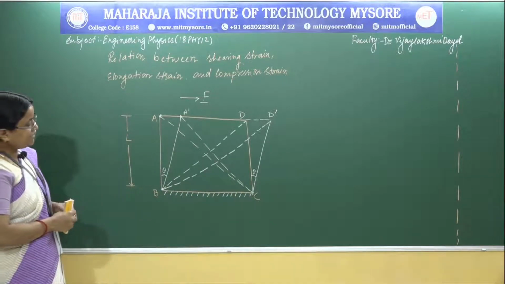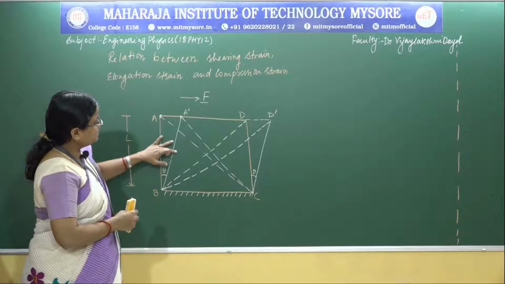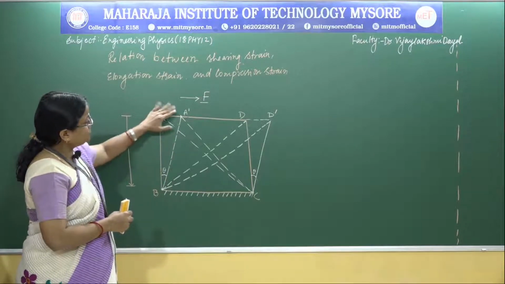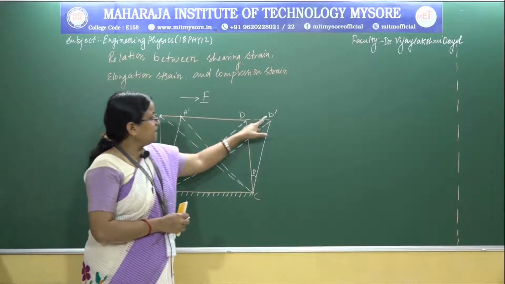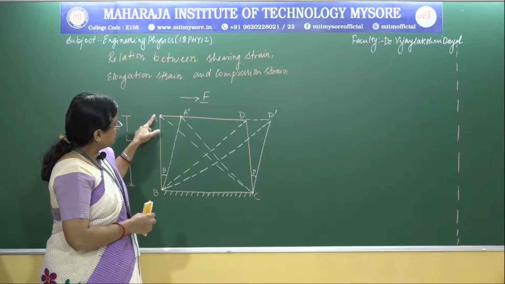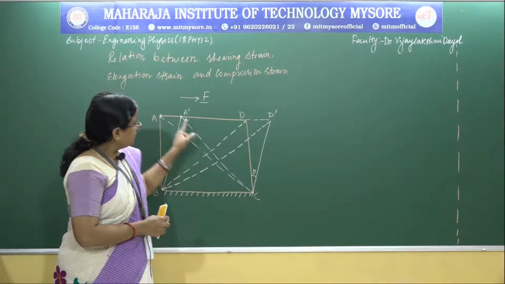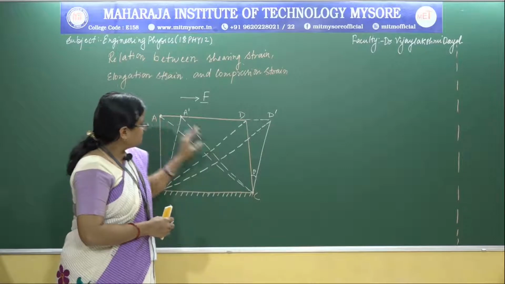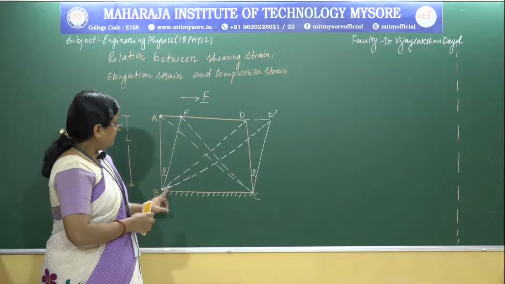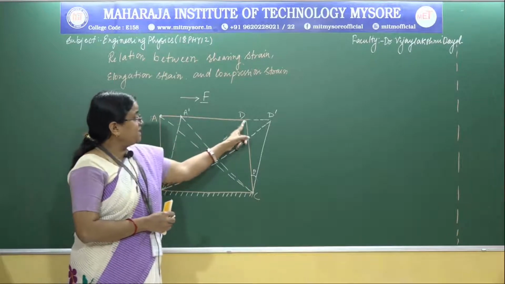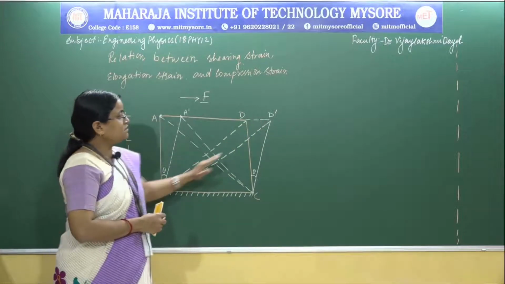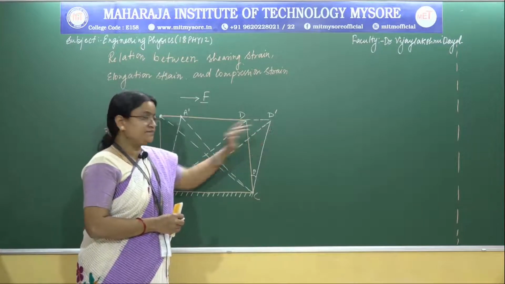Now, from the figure what we understand is that the new positions are A dash and D dash. When we compare the diagonal AC to A dash C, we see that there is a compression in the diagonal, and when we compare BD to BD dash, we see that there is elongation in the diagonal.